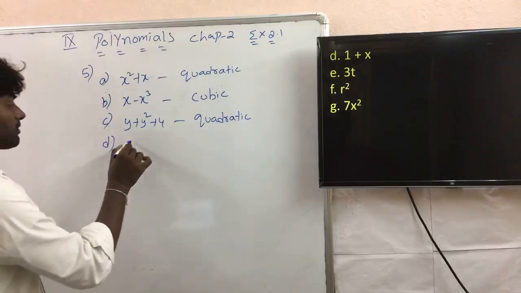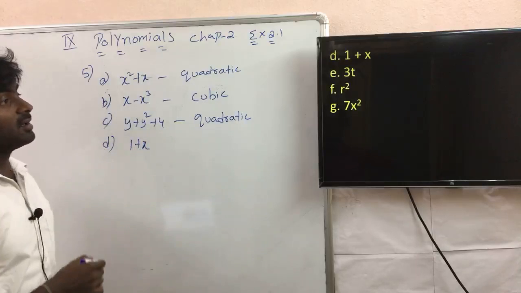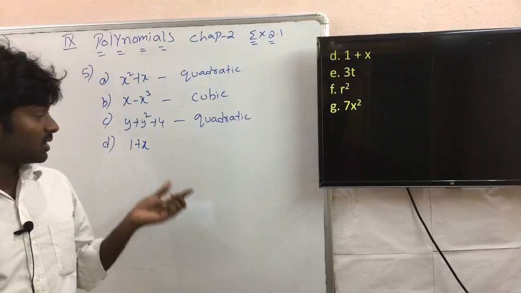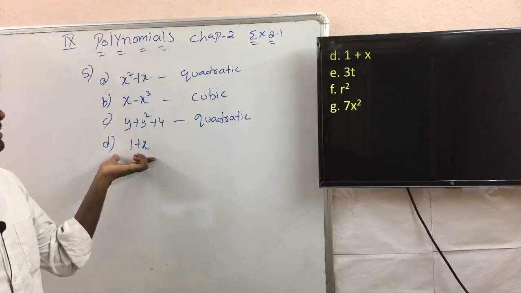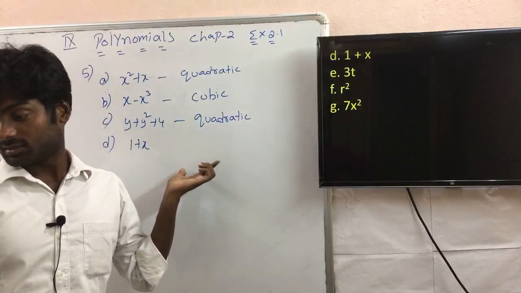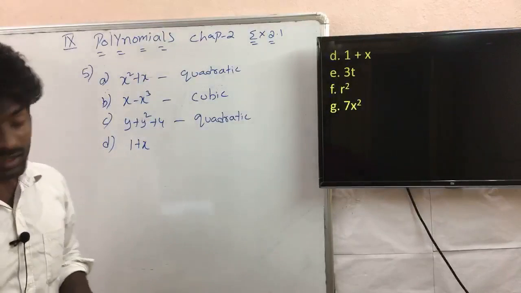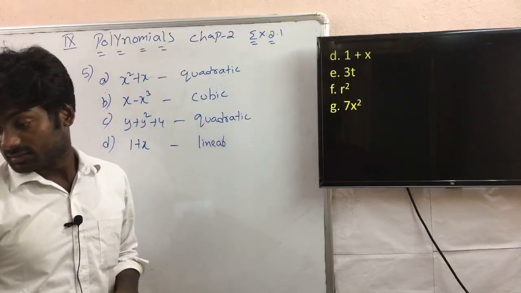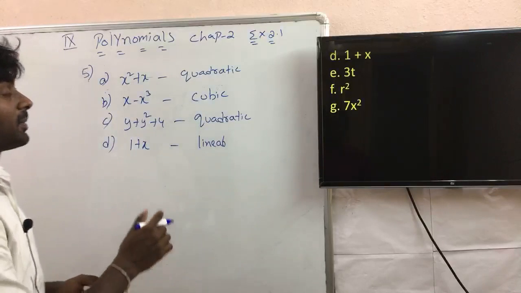Next one, 1 plus x. Which type of polynomial is it? Linear, quadratic or cubic? It is linear.